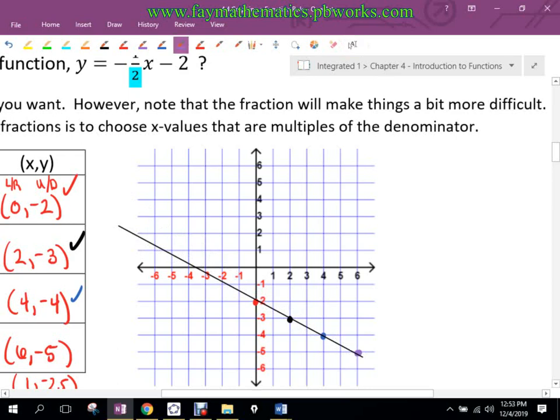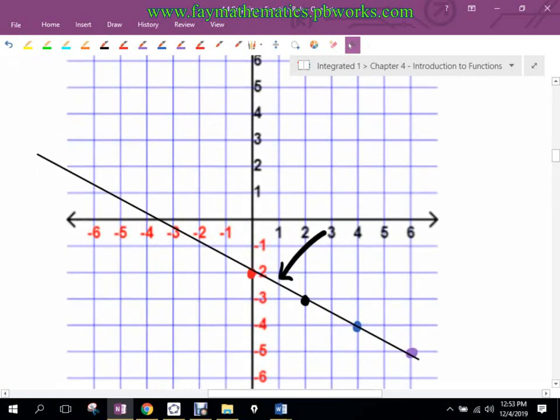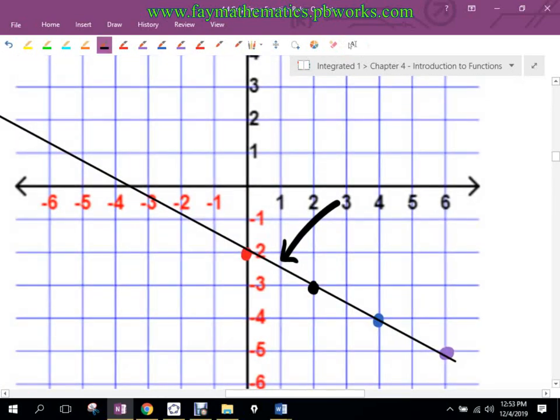That line is representing an infinite number of ordered pairs. Meaning, I never graphed on this line the x value of 1, right? But if I look at the x value of 1, and I track down, and then back over to see what the y value is that goes with it, what would that y value be right here? And it's negative, right?